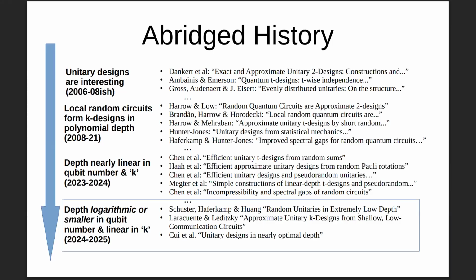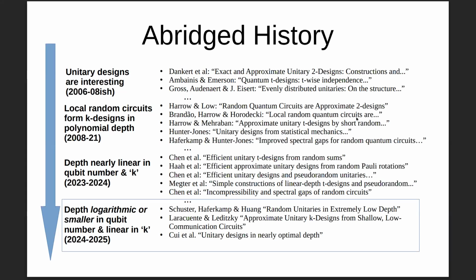And it was in these first few papers in the mid-2000s that people said, actually, these would be interesting to look at in the quantum setting in a pseudo-randomness context. So people were interested in pseudo-randomness, which is a huge thing in classical computing theory. And you could say, well, a K design is like pseudo-randomness for quantum.